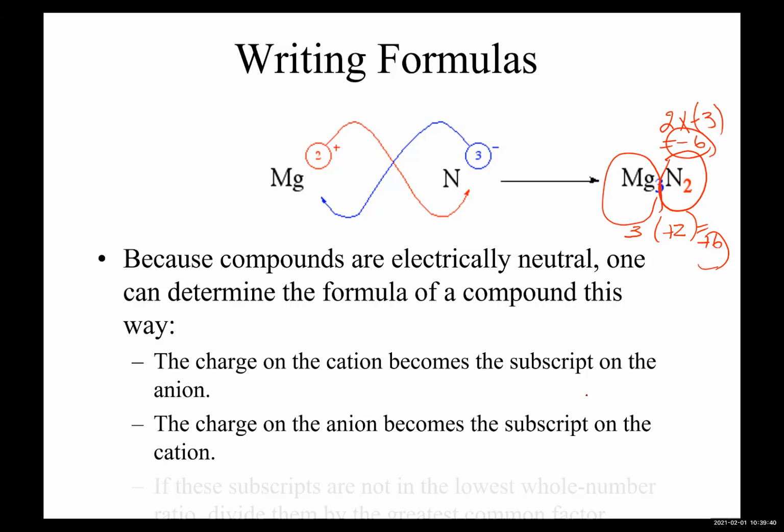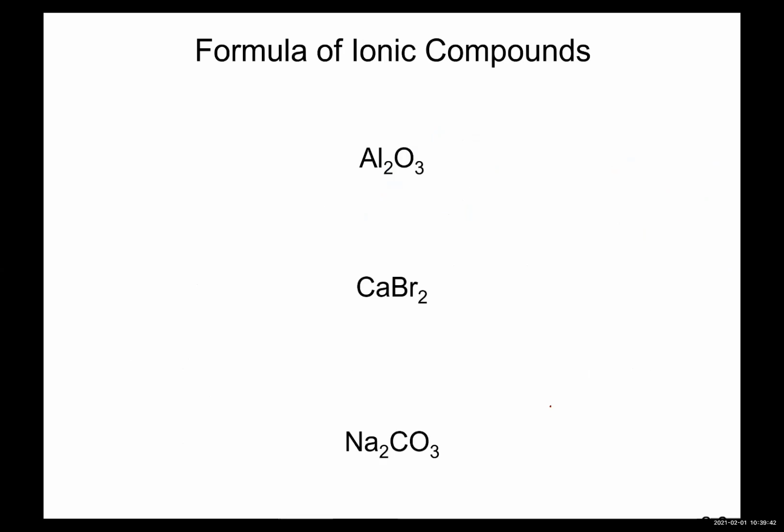So let's see. Is Al2O3 correct or not? Let's check. Aluminum is in group 3A, that's how I know the charge is +3.